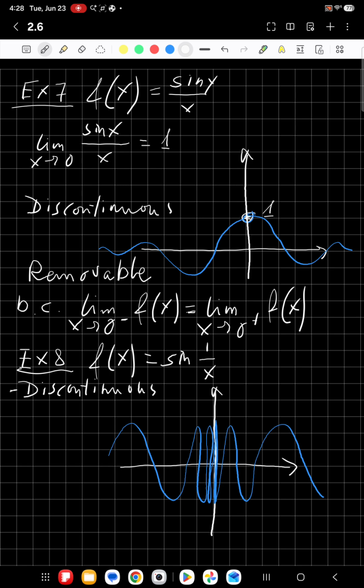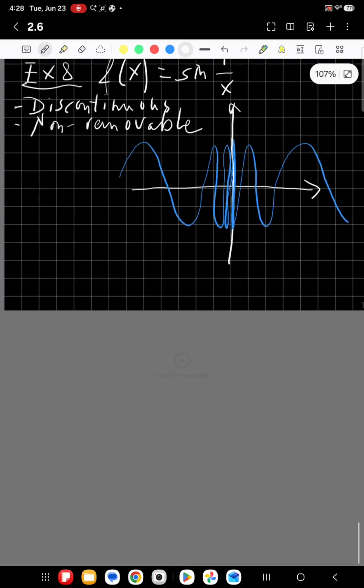There's no limit at 0. The limit doesn't exist. And non-removable. Okay, so these are two pretty typical examples of those two functions that are discontinuous.